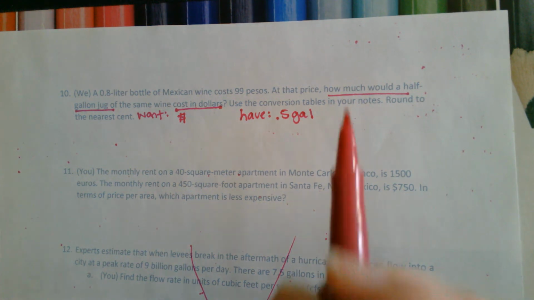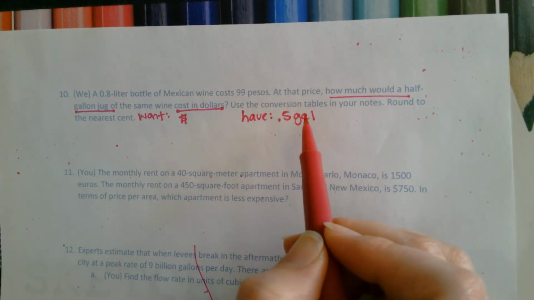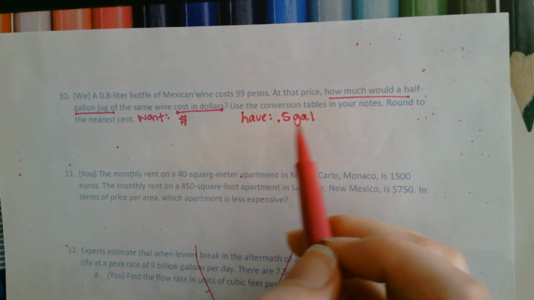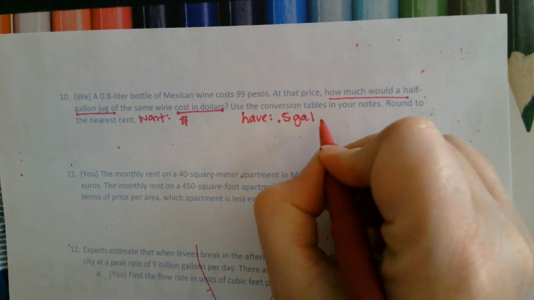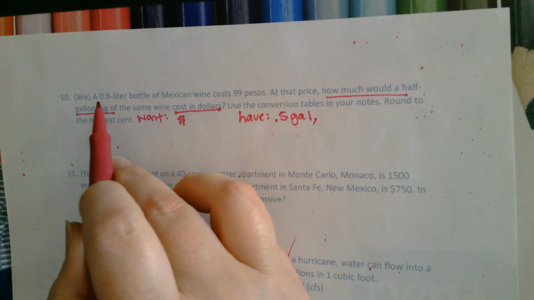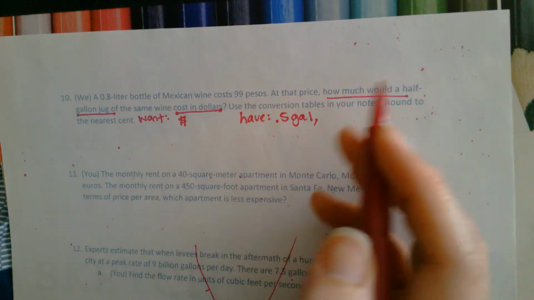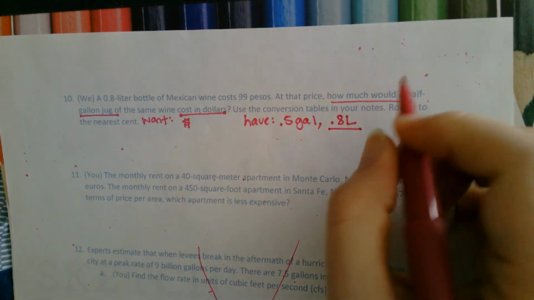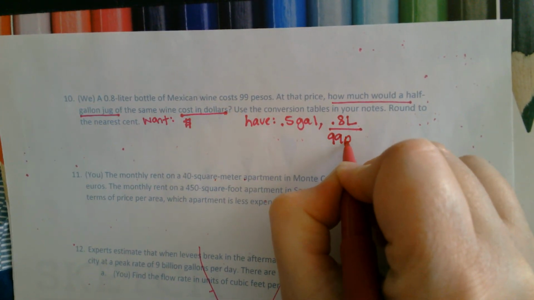And if I find the cost for the half gallon that I have, then that'll answer the question. So if I have a half gallon, what else do I have? I know that a 0.8 liter bottle costs 99 pesos. So if I have 0.8 liter, that is 99 pesos.